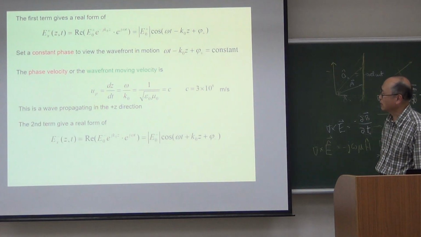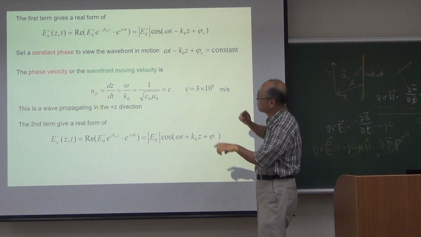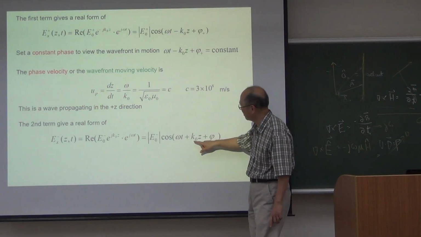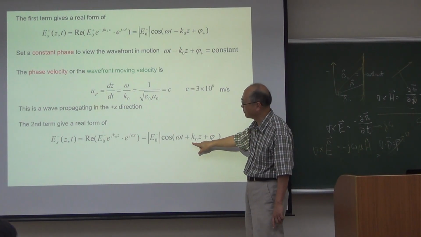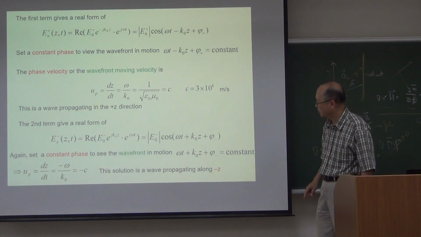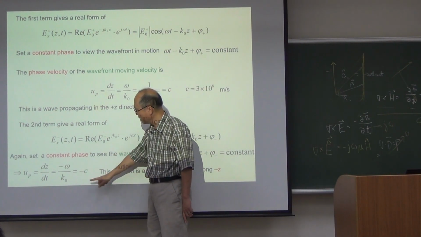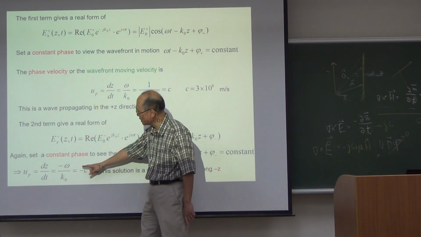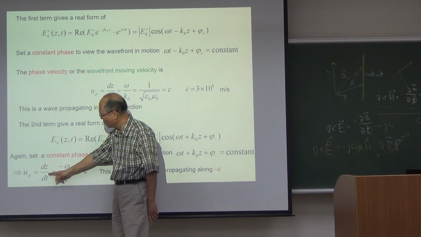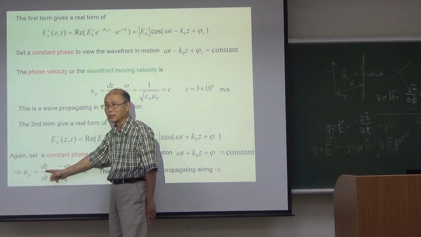Right. So the second term gives a real form. Basically, we have two terms. The second term gives you a real form like this. But then when you calculate the phase velocity, well, you get a minus sign in this equation. And when you do this calculation, you are seeing something moving along the z direction, but it's reducing in the z direction.